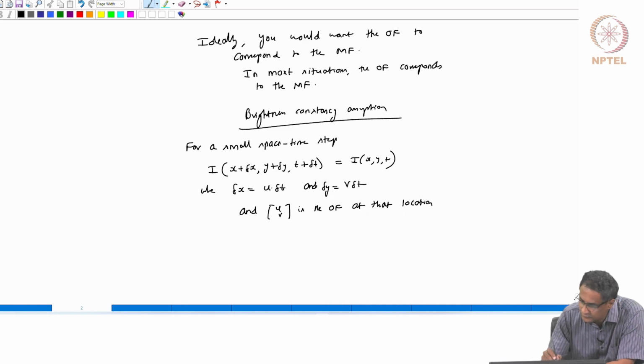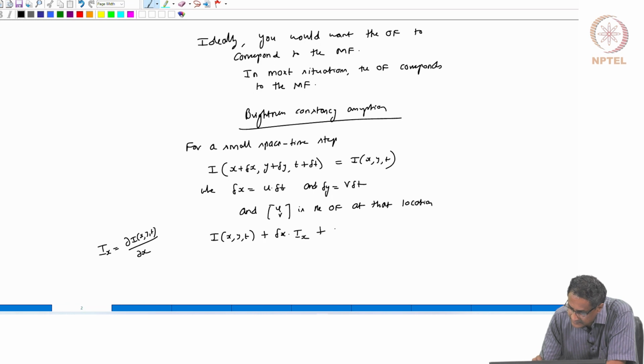Now, if you do a first order Taylor series expansion, you can write the left side as I of x, y, comma t plus delta x Ix, where by Ix I mean the partial derivative of I of x, y, comma t with respect to x, plus delta y Iy plus delta t It.